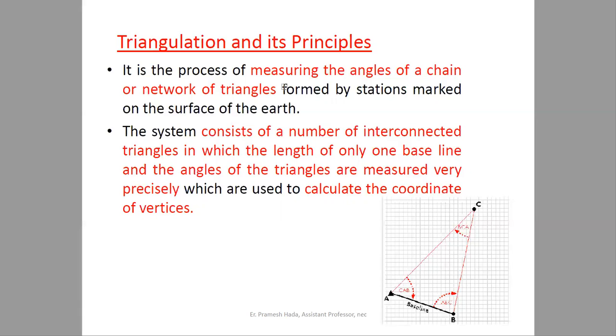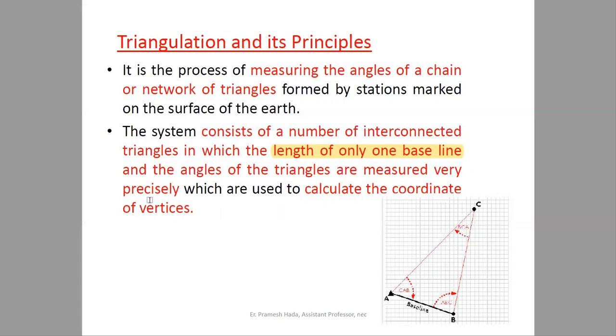Now the system consists of a number of interconnected triangles in which the length of only one baseline is measured, and the angles of the triangles are measured very precisely. This point is really important. What do we mean by precisely? Suppose we measure an angle whose value is around 20 degrees, 30 minutes and 10 seconds, but the possible error is 10 minutes.